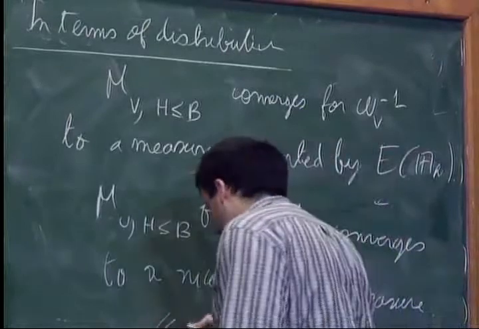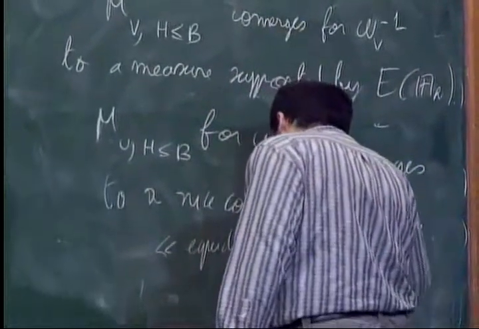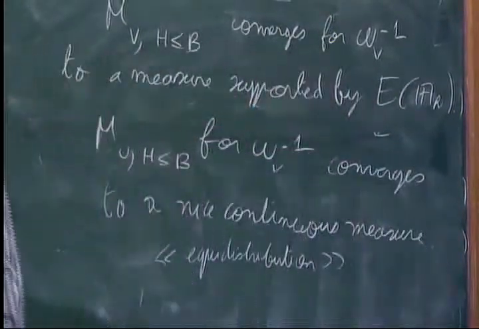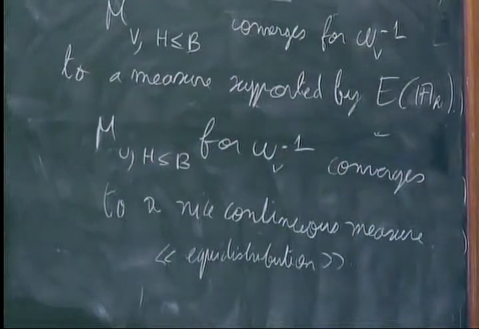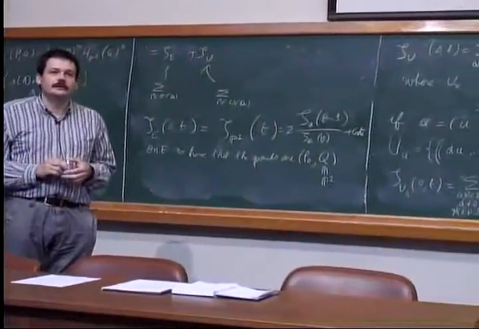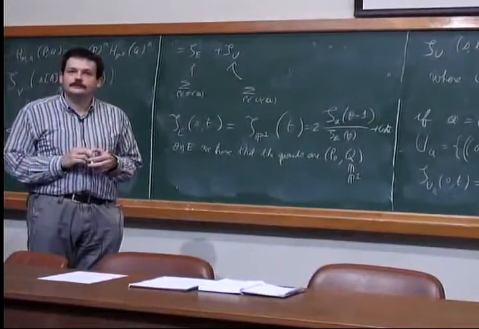So there is equidistribution. But you have to restrict yourself to the points in U. So tomorrow I will explain what is the geometric counterpart of this accumulating phenomenon.